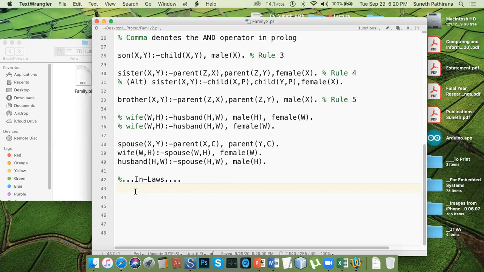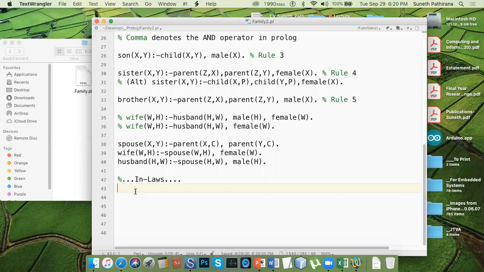Maybe you are having a boyfriend or girlfriend, maybe you are living together, but if you are not married legally, it is not considered that you have in-laws. In-laws means, for example, brother-in-law: maybe your wife's brother or your husband's brother.